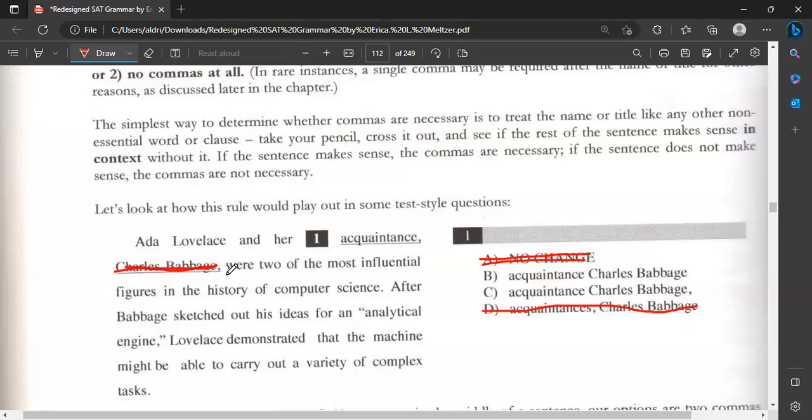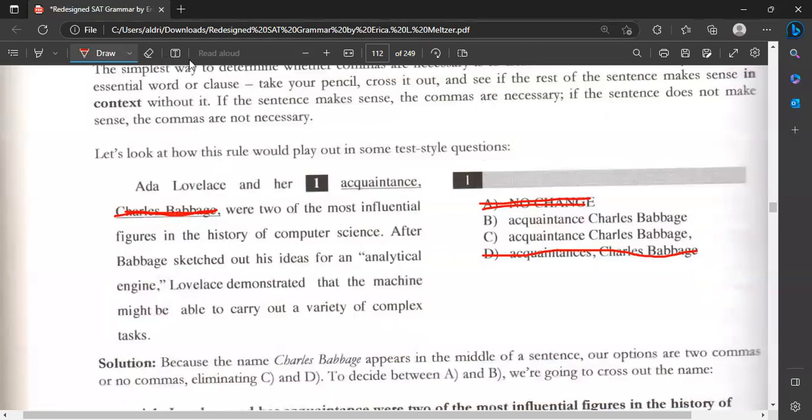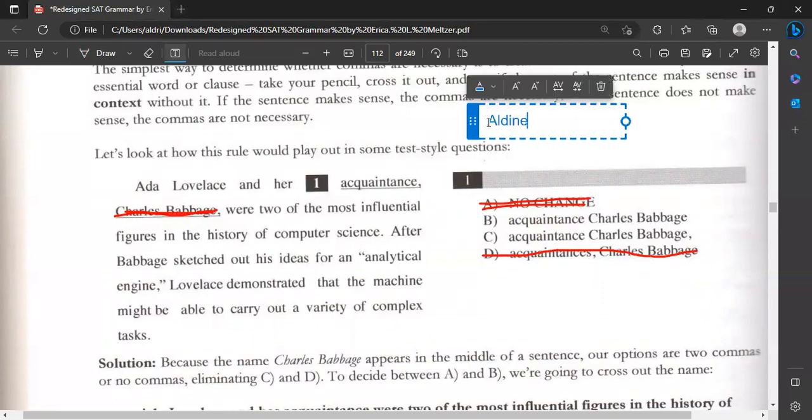You actually shouldn't even put a comma between a verb and a subject or a pronoun like this. Let me give you guys a really quick example. I'm going to use Auden as an example.